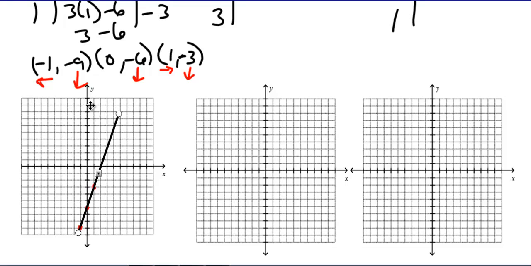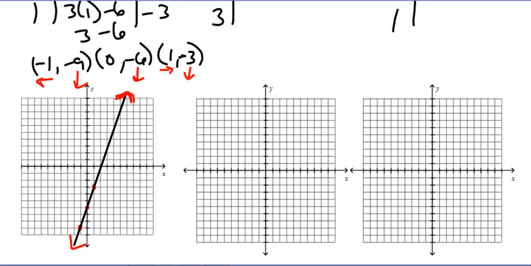There we go. Now when you draw your line in, we want to make sure our line goes all the way through the graph, and that at the end of each side I put arrows to show that the line will continue to go on forever in both directions.